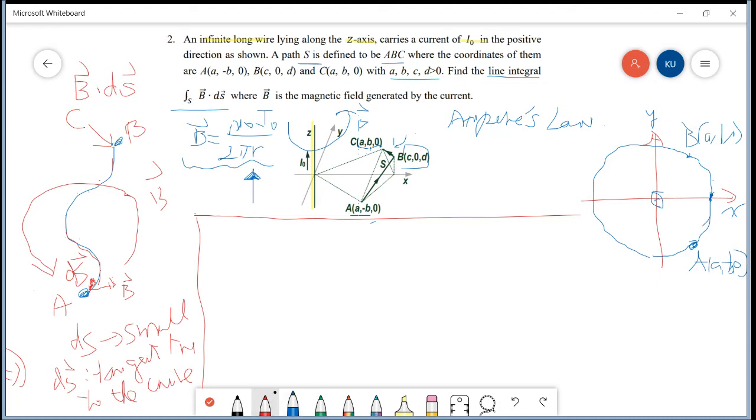So the path we want to calculate is something like this, and this path we call S.